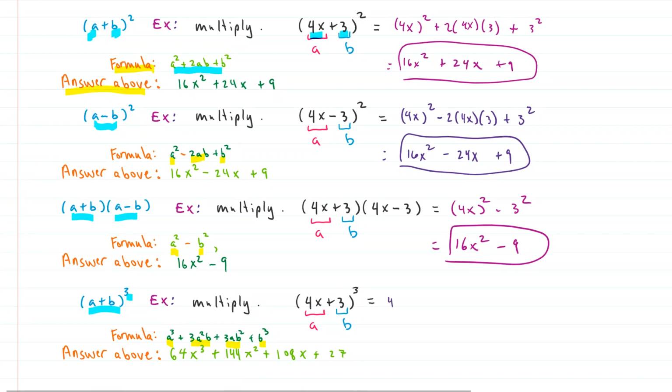So we have 4x cubed plus 3 times 4x, which is a squared, times b, which is 3, plus 3 times a, which is 4x, times b squared, plus b cubed.